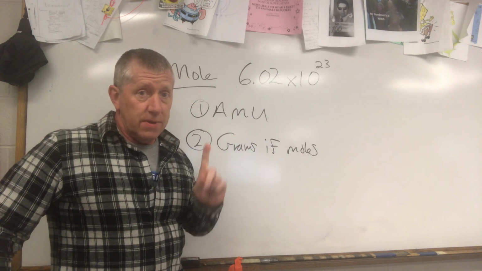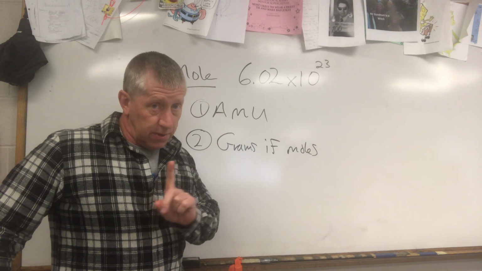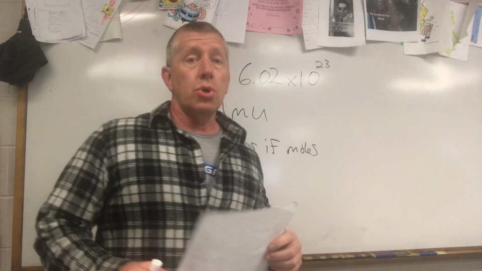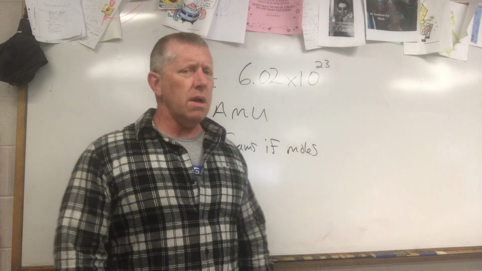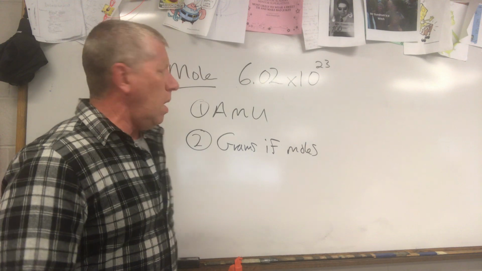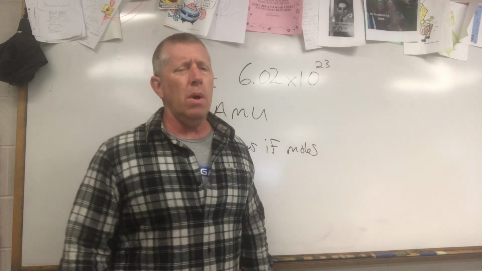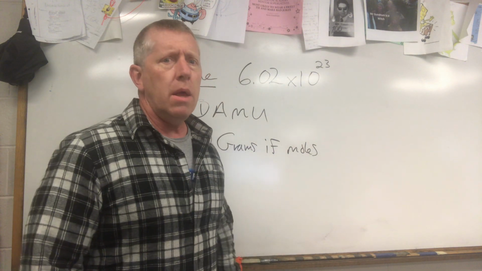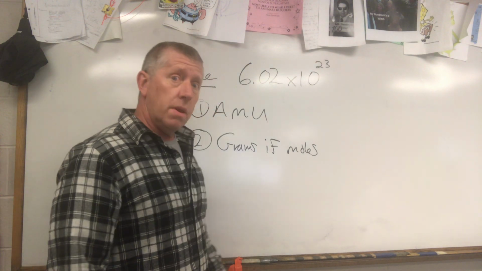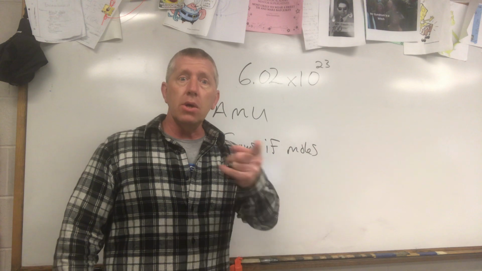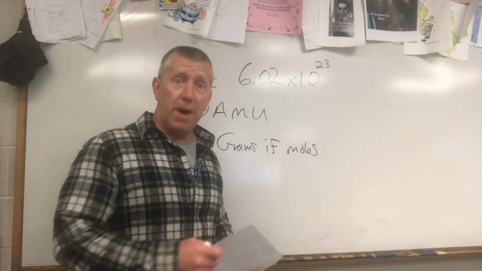So if I said, what is the mass of carbon? You should say, well, what do you mean? Are you talking about one particle of carbon, like 1 atom of carbon? Or are you talking about a mole of carbon? Very good. That is how you should respond to that question.